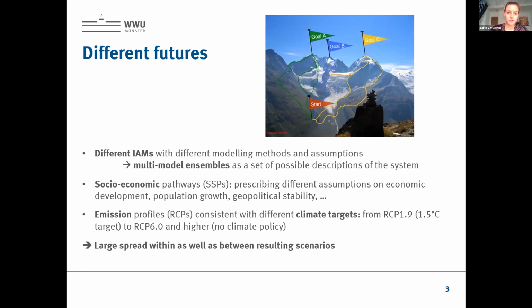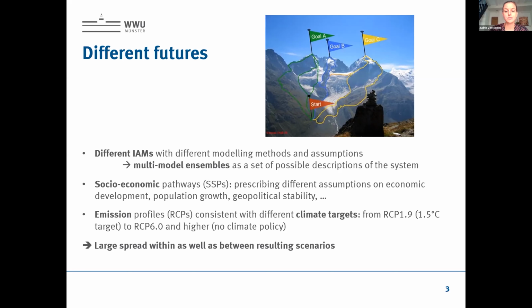Then there are two other dimensions of uncertainty there, and these two dimensions are captured with scenarios. On the one hand, there is uncertainty in how the drivers in the human system will develop over time. And this uncertainty is usually captured in pathways, these socioeconomic pathways, also called SSP scenarios.